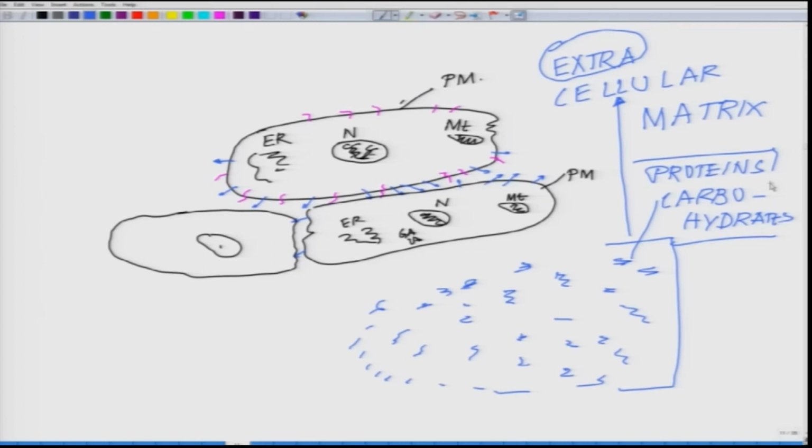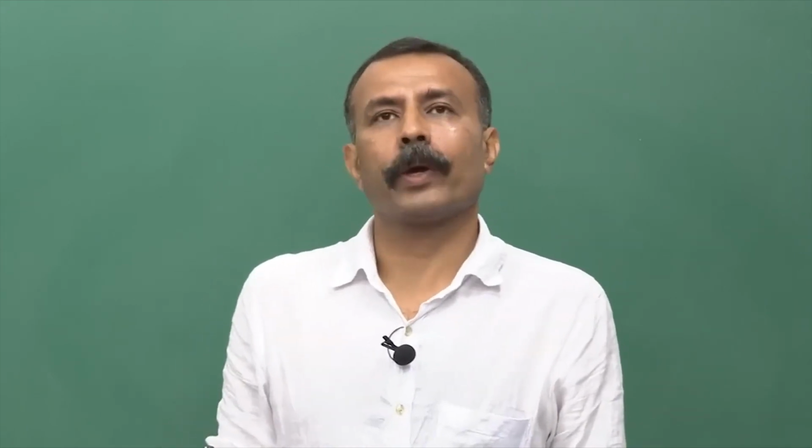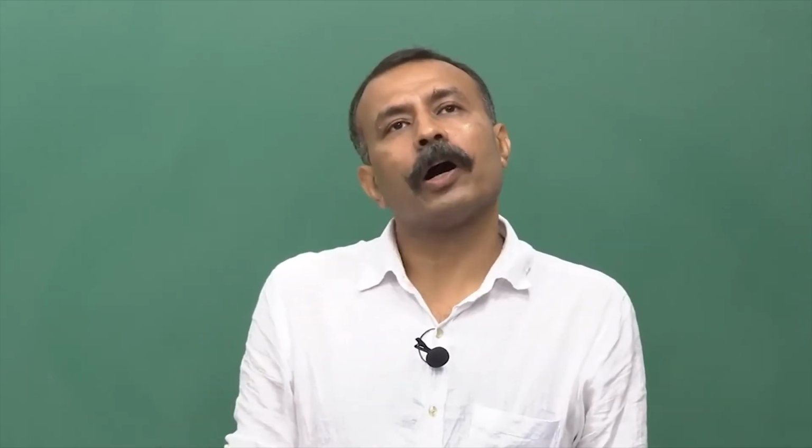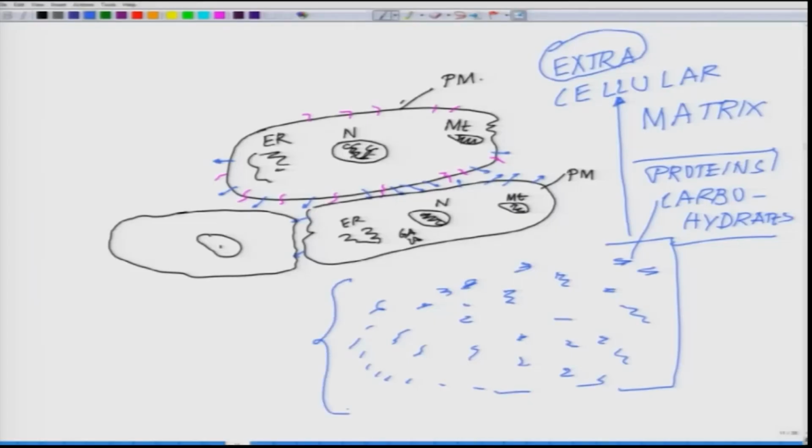This extracellular matrix is one critical feature in our body which ensures the cells remain adhered to their specific locations, because this particular aspect is very critical when we will be talking later about cancerous cells.